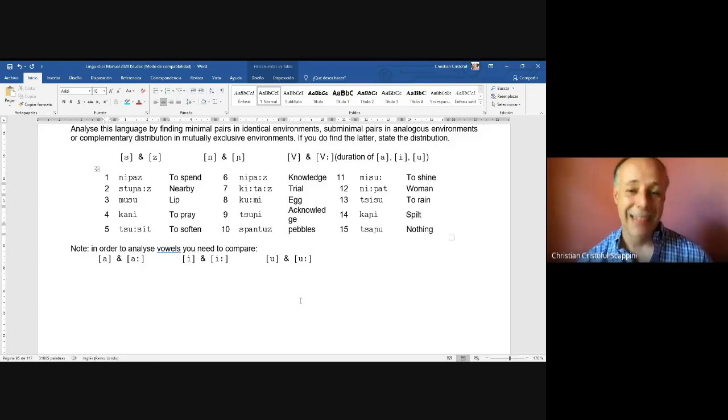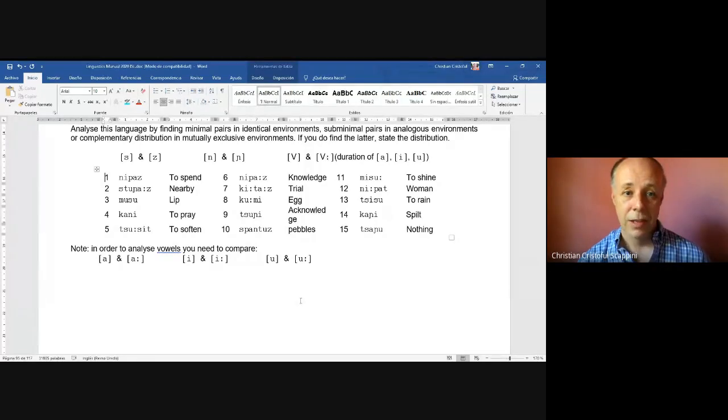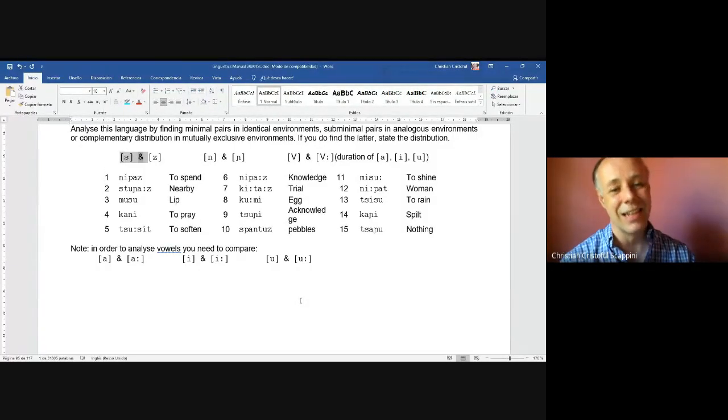Do we have a sub minimal pair for the S and the Z? 1 and 6? Not really. Remember, we're analyzing S and Z. In number 1 and in number 6, there is no instance of S. So this is what I'm looking for. S and Z. I need to focus on these two sounds. I need words in which these sounds occur.